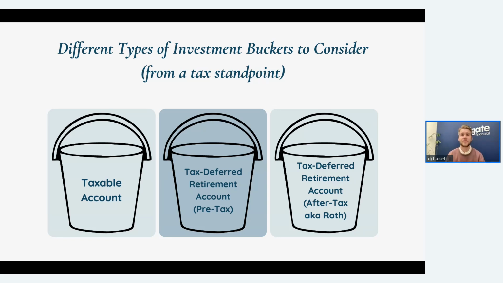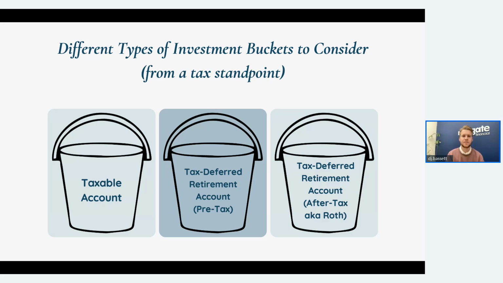As we get into the conversation of taxes and investment accounts and how they relate, I just wanted to bring this up for those of you that were on our webinar back in, I believe, November. Ben often talks about the three buckets of different types of accounts. On the left, you have your taxable account. Those would be individual, joint, trust, things like that.